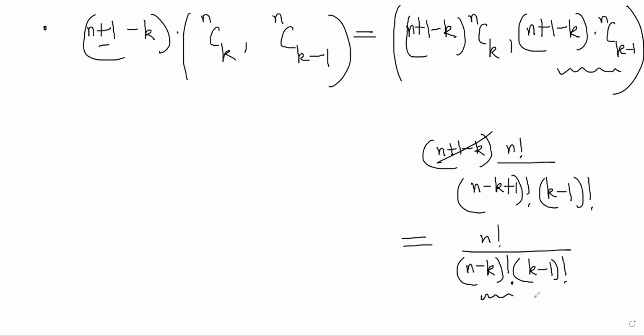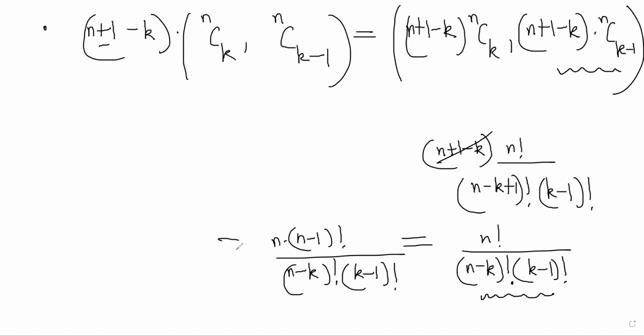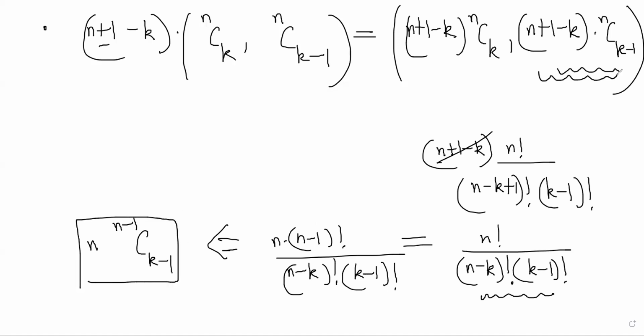Now since the sum of these two in the denominator is n minus 1, I should write it as n times n minus 1 factorial by n minus k factorial k minus 1 factorial, which means it becomes n times n-1 Ck-1.